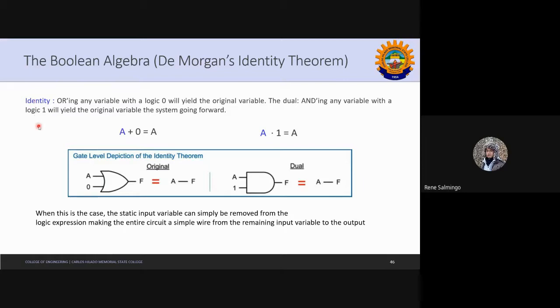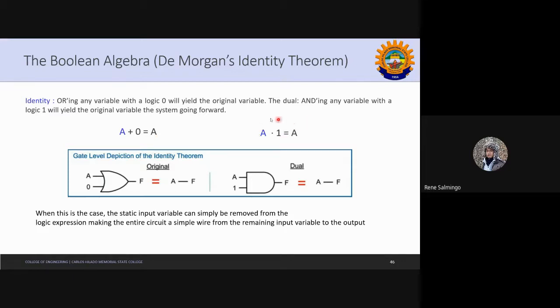So if you encounter these values, it means that this is just like your simple addition variable in algebra. Variable A plus 0 is A, and this one is simple multiplication.